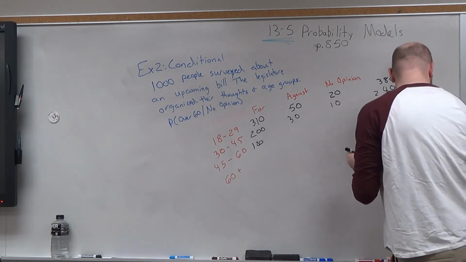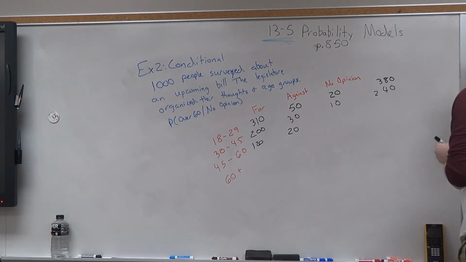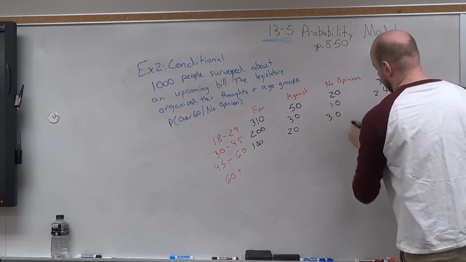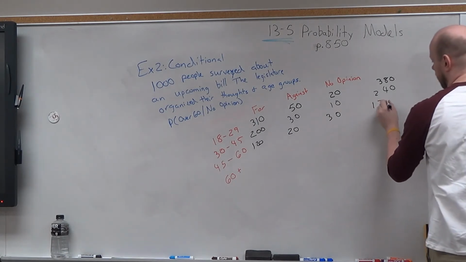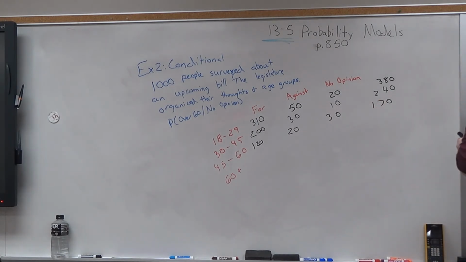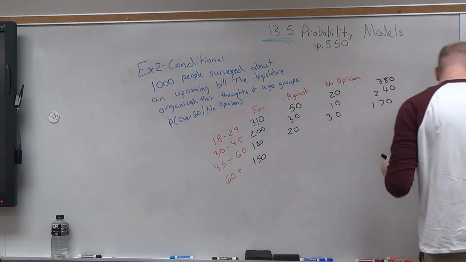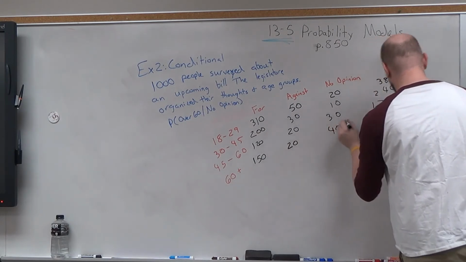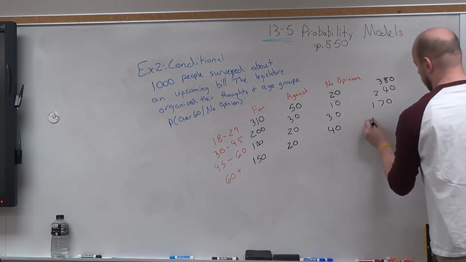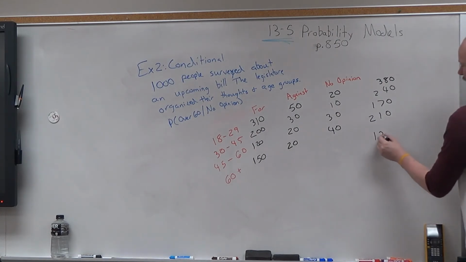We had 20 who said, no thank you, I don't want that money. And then we had 30 who were like, it's fine. So that gives us 170 total. And then over 60, we had 150 who were for it. We had 20 against, and we had 40 with no opinion. So we had 210 total there, and we have 1,000 total.